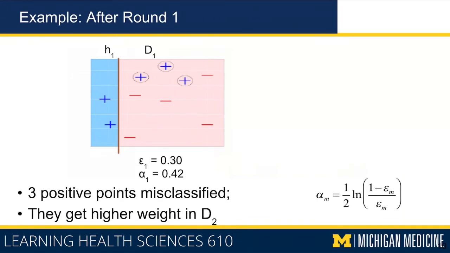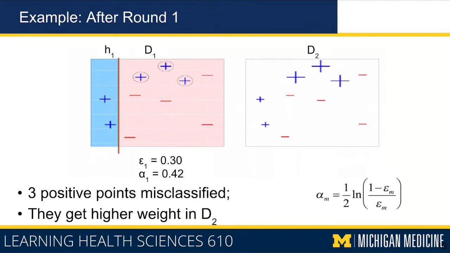There is a way to calculate the error. So in this case, error E1, this epsilon 1, is 0.3, because 3 out of the 10 instances were wrong, right? So error is 0.3, and then there is a calculation to compute a weight for this classifier that's given here. Actual formula is not that important, but the score finally is, let's say, 0.42.